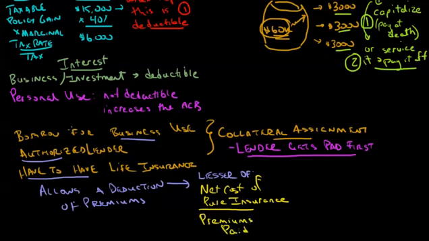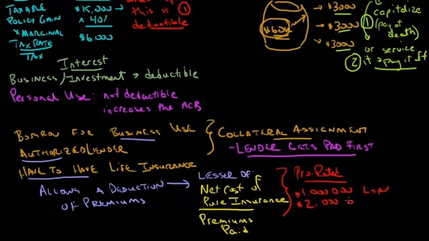And in all cases, whichever of those calculations you're using, it's going to be prorated. So if you have a $1 million loan and a $2 million policy that you've collaterally assigned to this lender, you would only be able to deduct half of whichever amount is in question here.